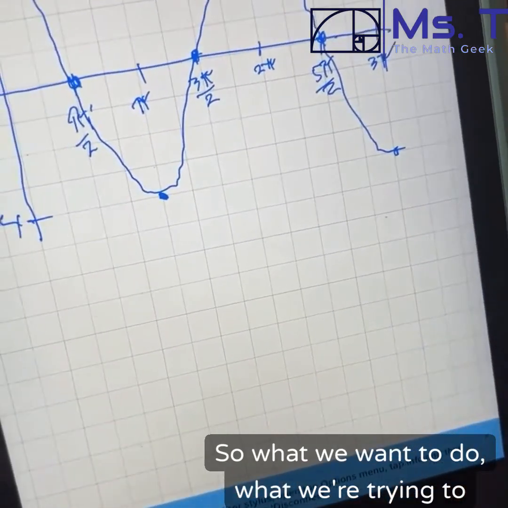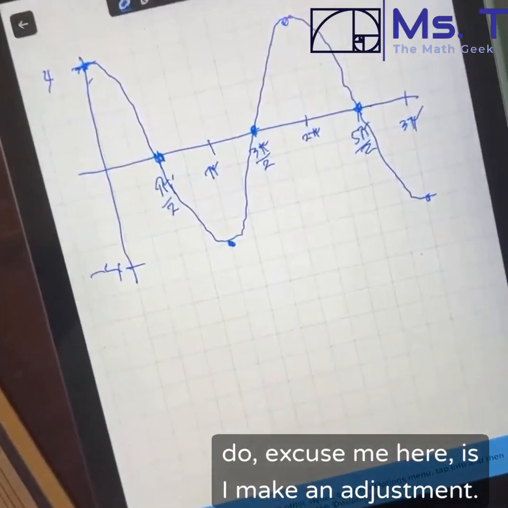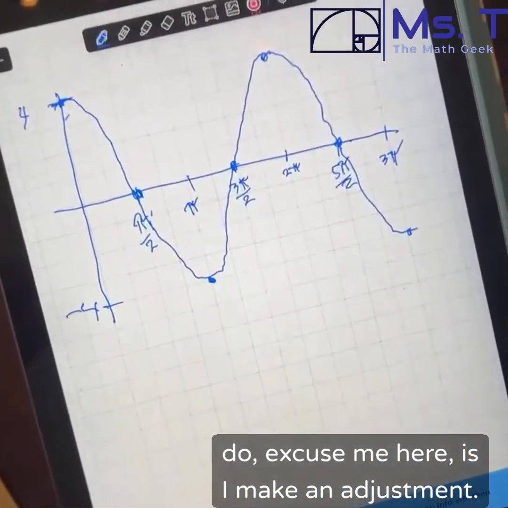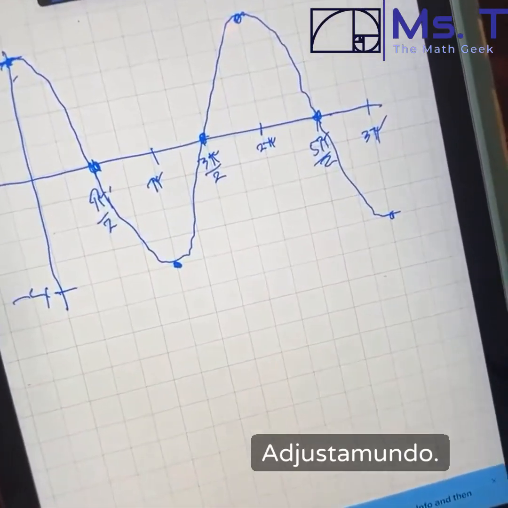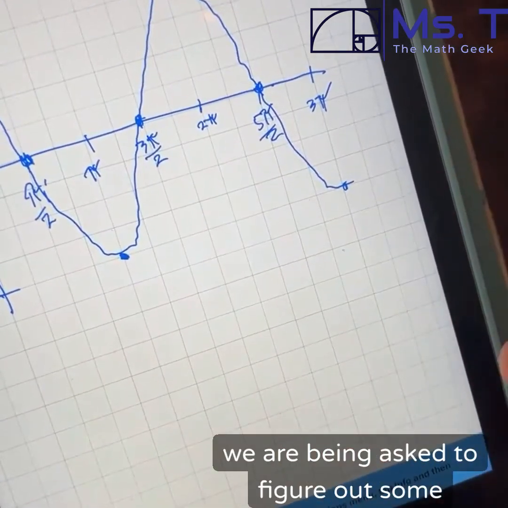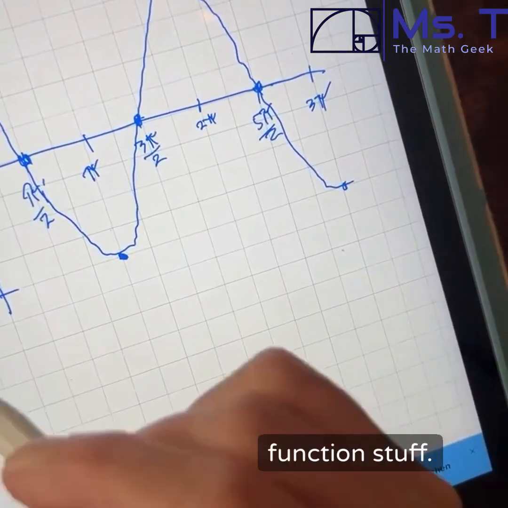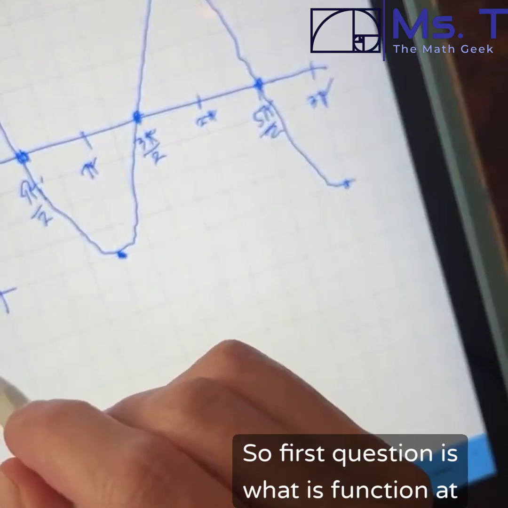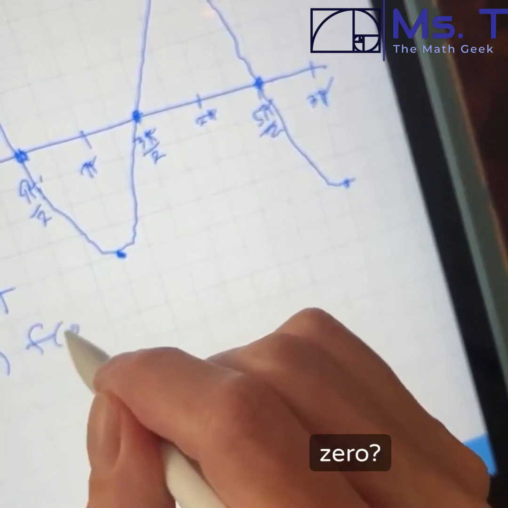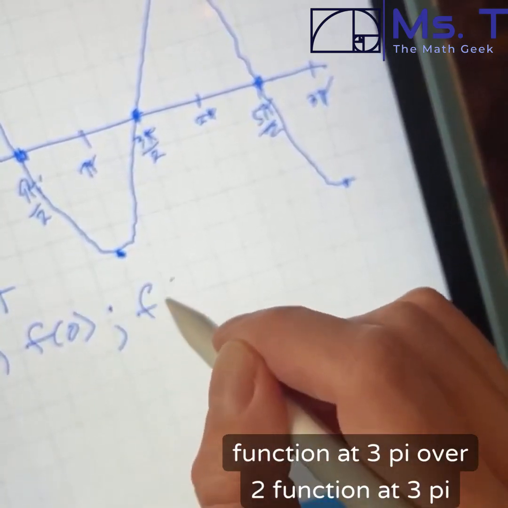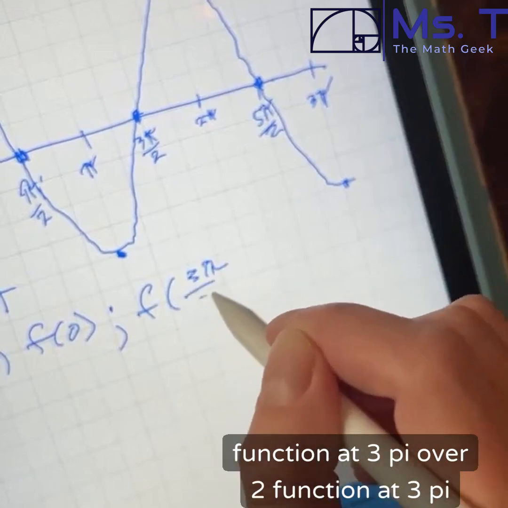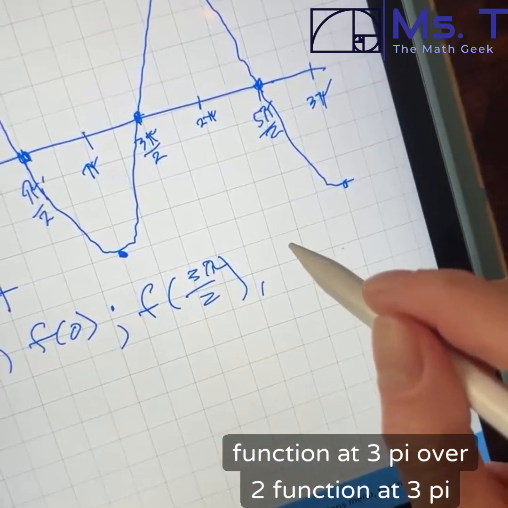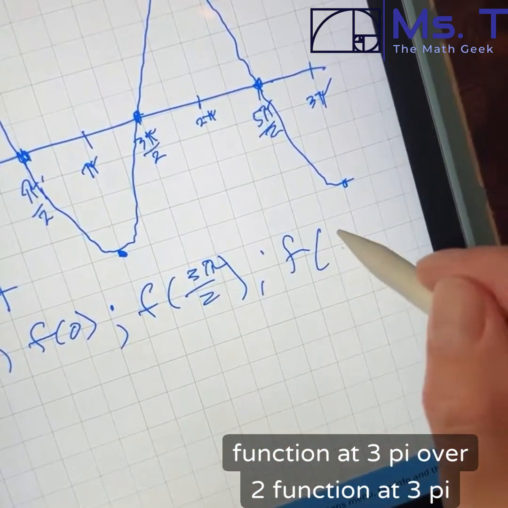So what we're trying to do, excuse me as I make an adjustment, is we are being asked to figure out some function stuff. First question is, what is the function at 0? The function at 3 pi over 2? The function at 3 pi?